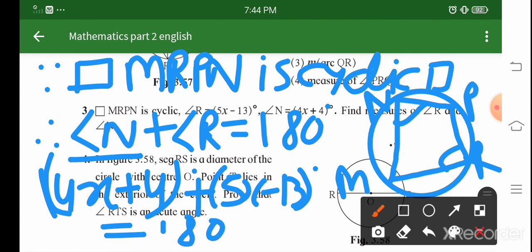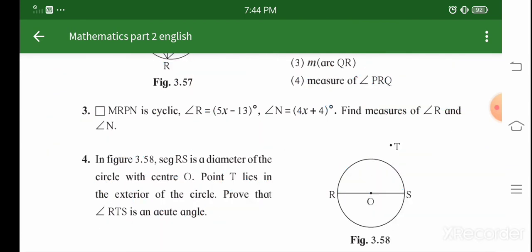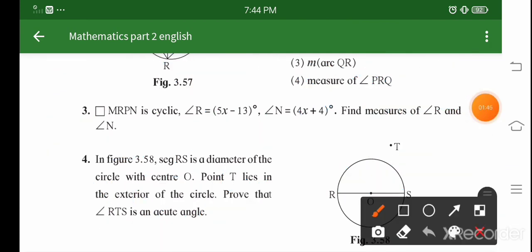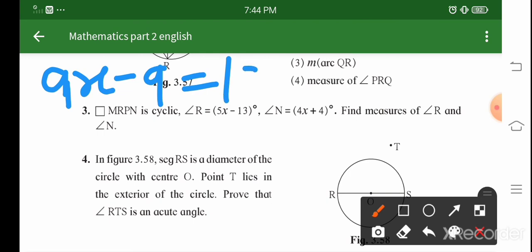Now can you see over here, 4x and 5x will become 9x, and this is 4 and this is minus 13. Just subtract this, you will get 9 over there. So now write over there 9x minus 9 is equal to 180.